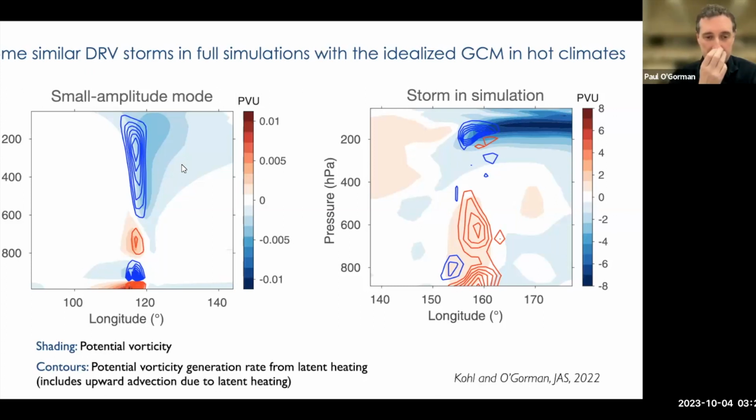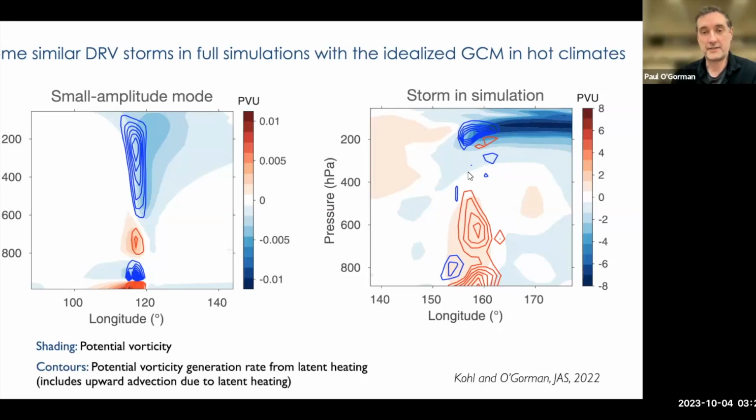In writing down the potential vorticity generation rate, one term is the term I focused on earlier, this dipole term that's proportional to theta dot dz. But it also makes sense to include the upward advection. There's strong upward motion going on in this storm, generating the latent heating. It makes sense, and this follows from a classic paper by Hoskins in 1985, that you include this upward advection that's directly related to the latent heating.